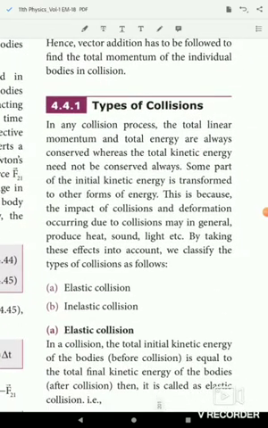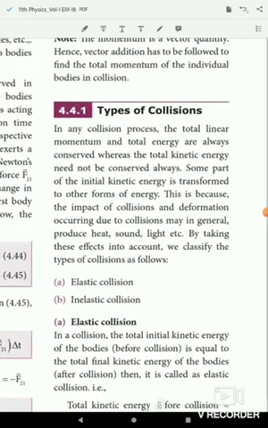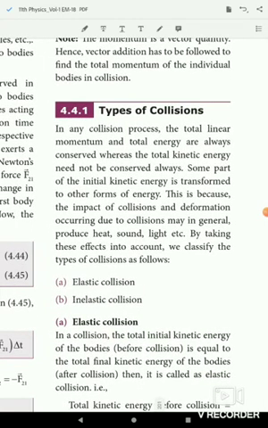The next one is the types of collisions. Collisions have two types, that is elastic collisions and inelastic collisions. In the collision process, the total energy and the total linear momentum are always conserved, whereas the total kinetic energy may not be conserved always.